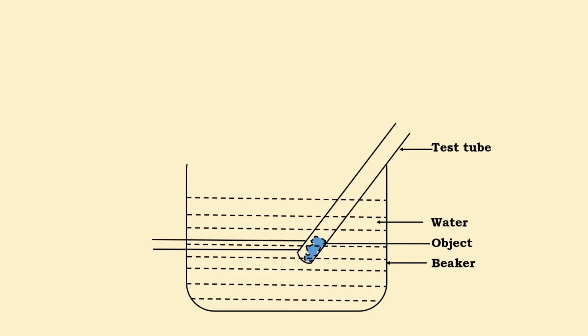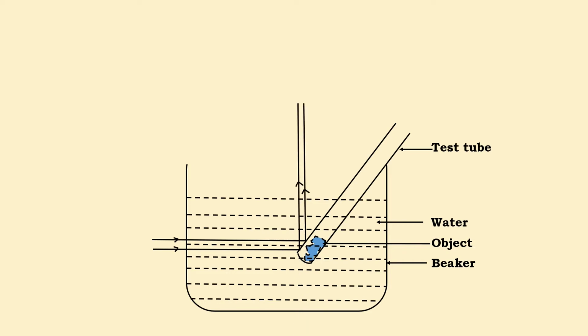We will not be able to see that object, because the ray of light which comes from the side shown in the diagram, when it enters from the glass of the test tube to the air contained inside the test tube, the angle of incidence becomes greater than the critical angle, and the critical angle for glass is only 42 degrees. If it is greater than 42 degrees, then it reflects back in the vertically upward direction.